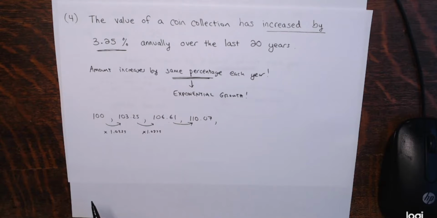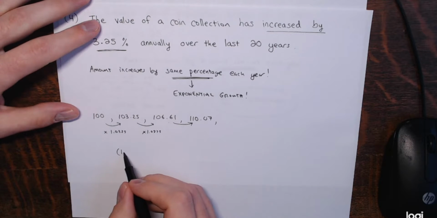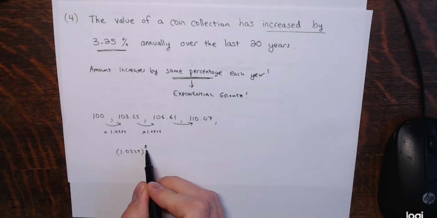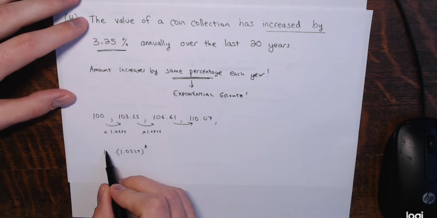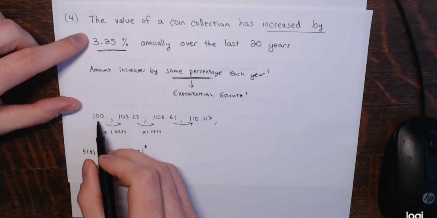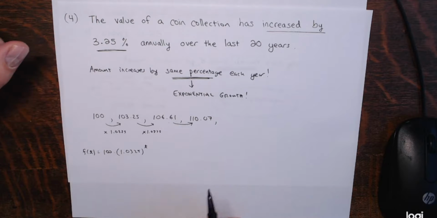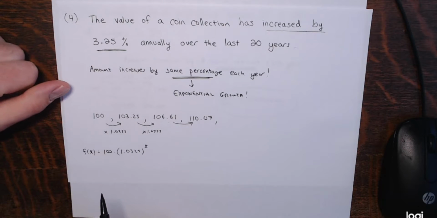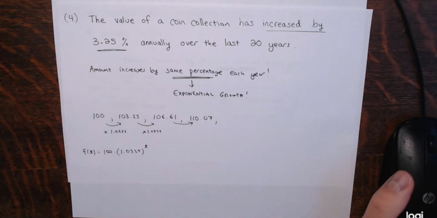So you'd have 1.0325 to the t power for time in years, and then times the initial value is 100. There's my function of time here. If the initial value was 100, and then I'm multiplying by 1.0325 each time. We'll talk about more how to write exponential functions in later videos, later in this text, of course.